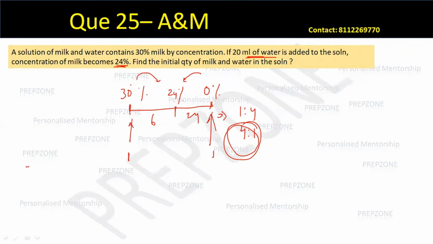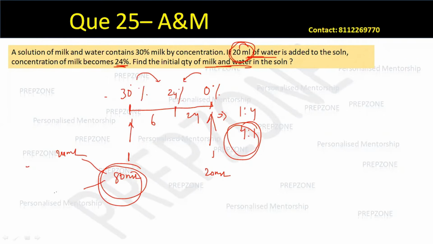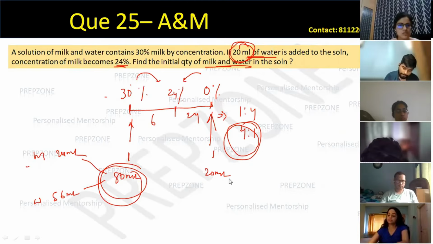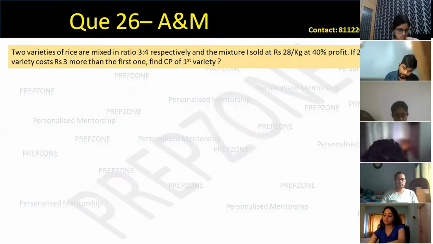And it is given that this is 20 ml. So if this is 20 ml, this has to be 80 ml. If this is 80 ml, you have to find the initial quantity of milk and water. So milk is 30% of 80, which is 24 ml, and 70%, which is 56 ml, is water. If this is clear, then you should be able to apply this method.